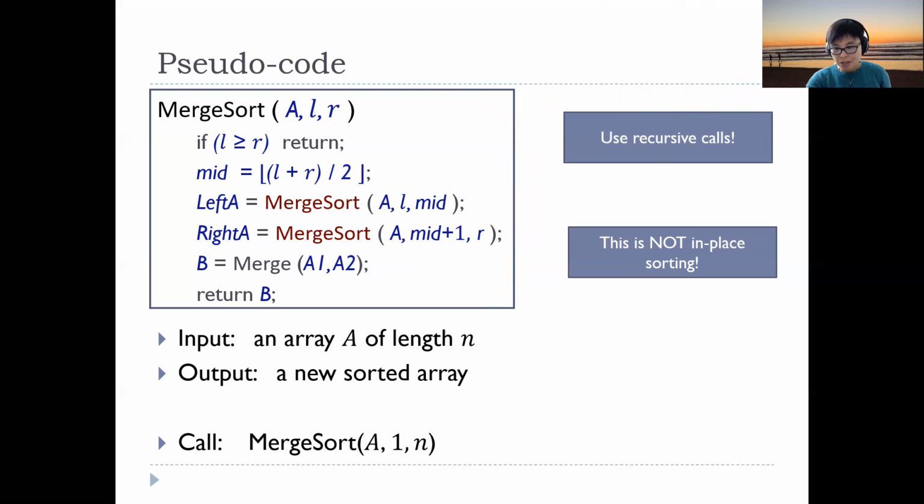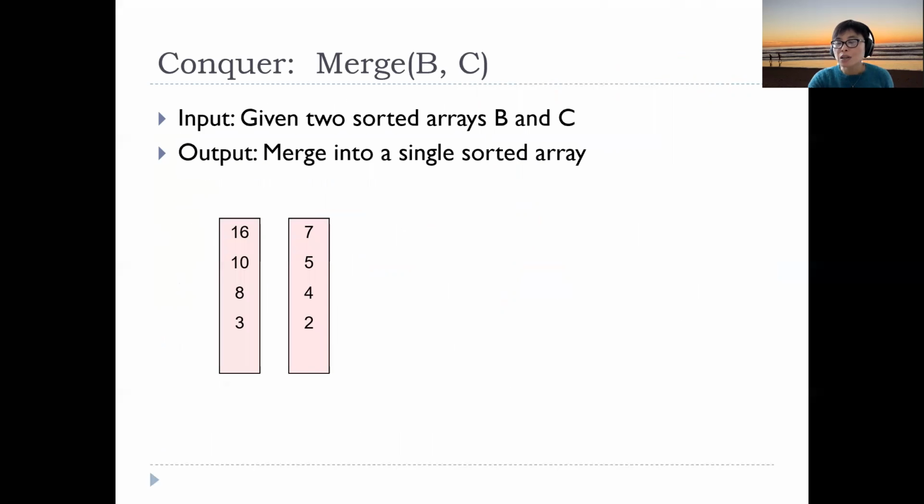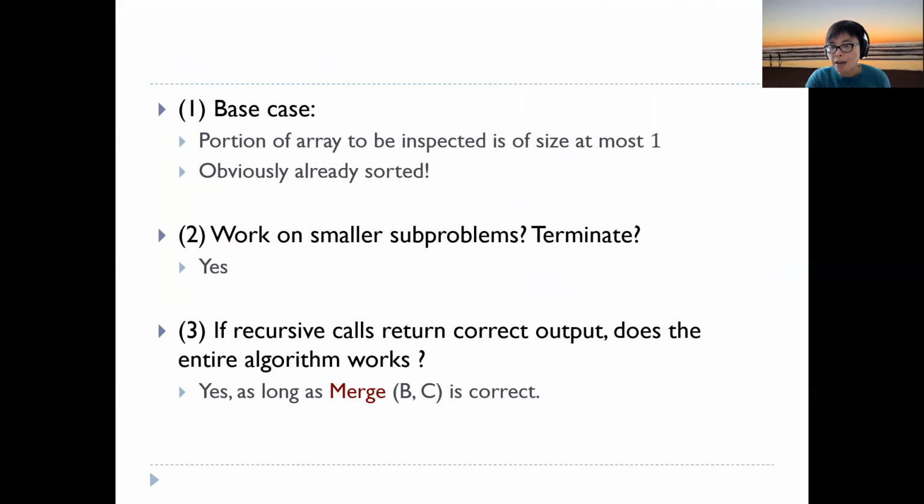So what I said is that yes, as long as this merge procedure is correct, as long as merge can indeed merge the sorted subarrays into a single sorted array, then we're done. In other words, the only thing left for me to describe to you is how we implement this merge step.